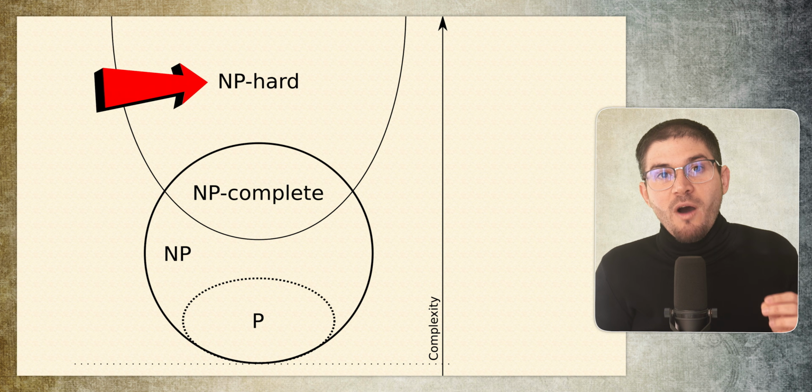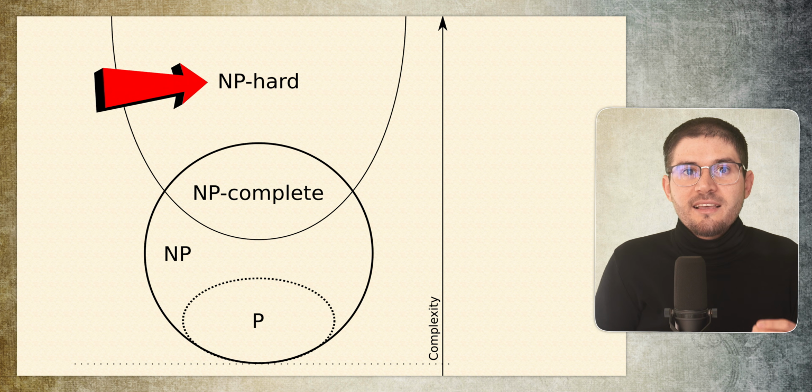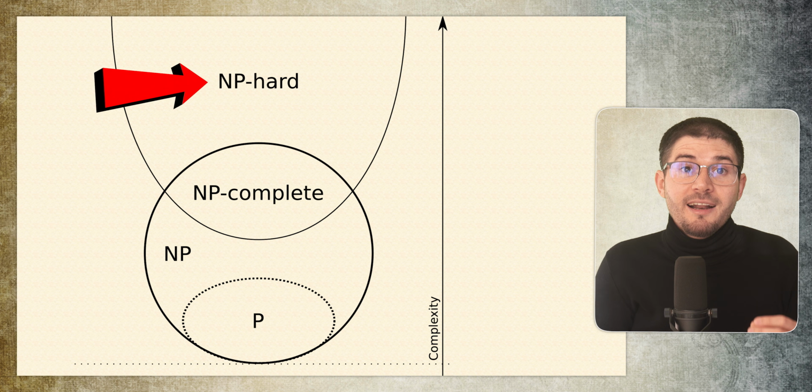Every one of these problems sounds simple until you try to solve it for real. And that is when you realize that one small change can explode the search space from thousands of possibilities to trillions of them. And that is why, in computer science, most planning problems are considered NP-hard.